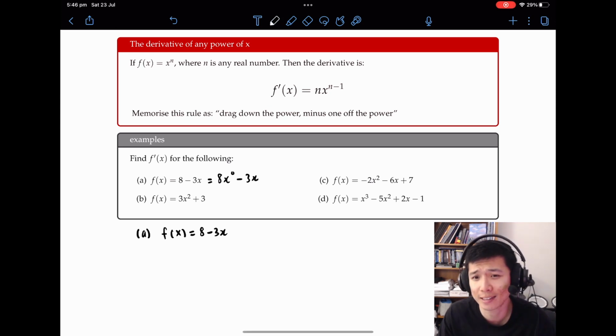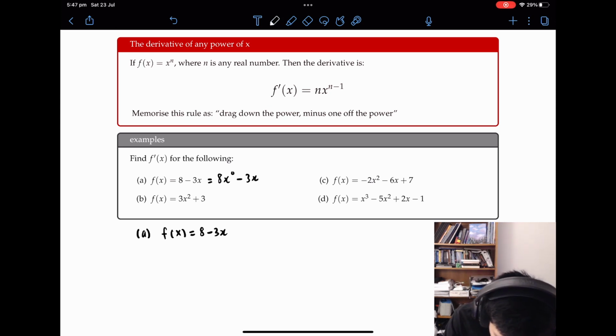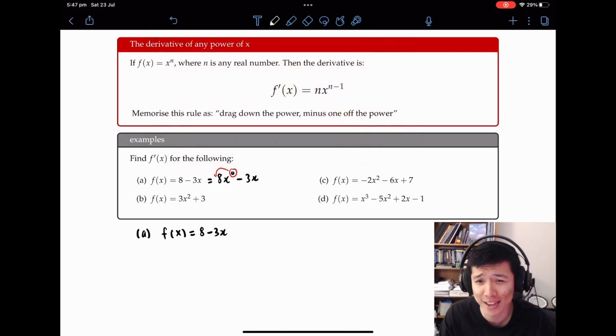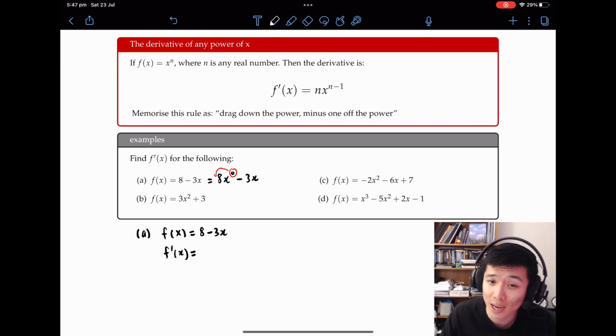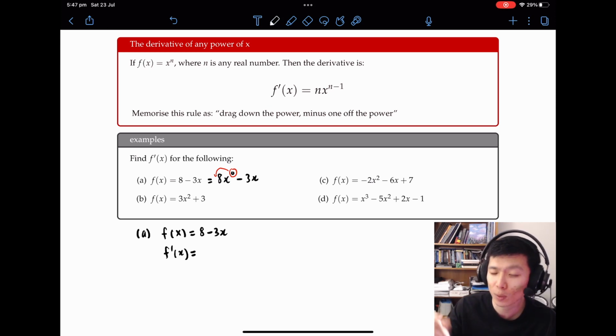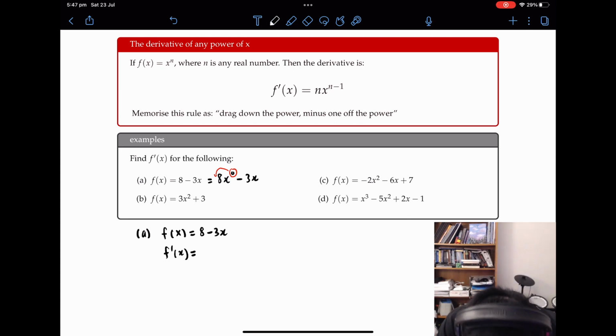It's actually 8 times x to the power of 0. Now, what happens when we drag down the 0? Well, what we get is 0 times 8, and 0 times 8 is 0. And so f dash of x, when I differentiate 8, when I differentiate any constant, I get 0.